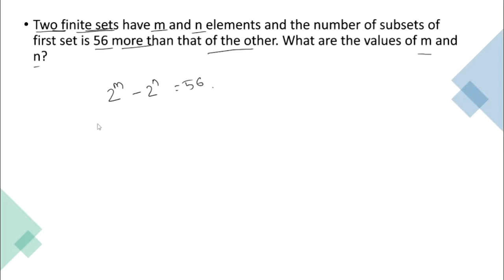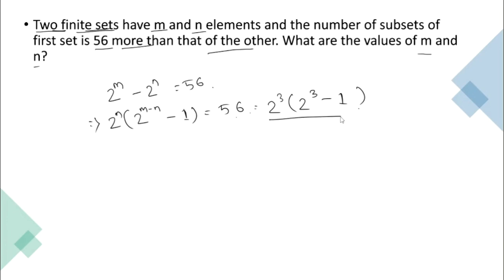Now if I take 2 to the power n as common, then it will be 2 to the power n whole into (2 to the power m minus n, minus 1) equal to 56. Now I can write 56 as 2 to the power 3 whole into (2 to the power 3 minus 1).